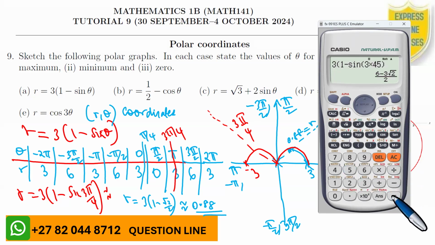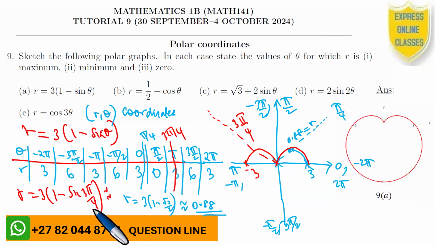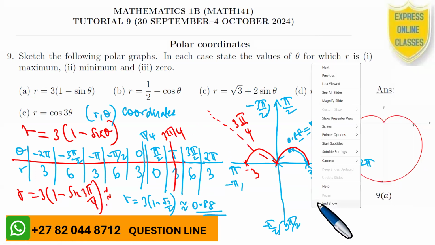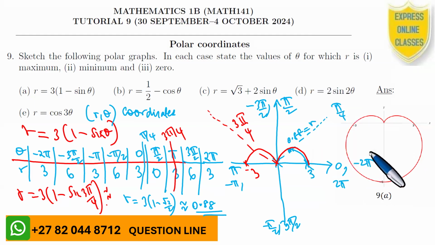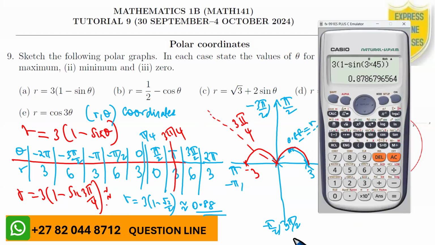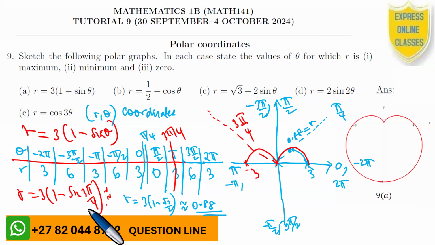I've set the calculator in degrees. Okay, whatever, but there's a closed bracket there, which is minus 0.88. Is it minus? It's not, it's positive, yeah? Let's see. Yeah, it is 0.88. So here you have 0.88.